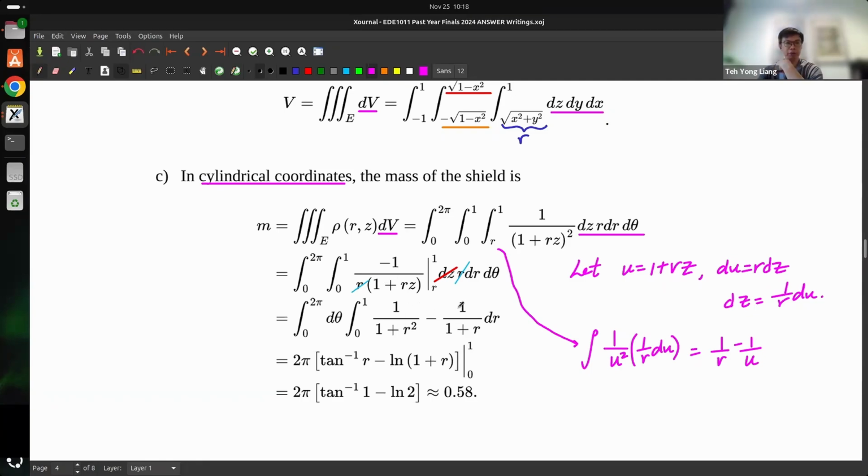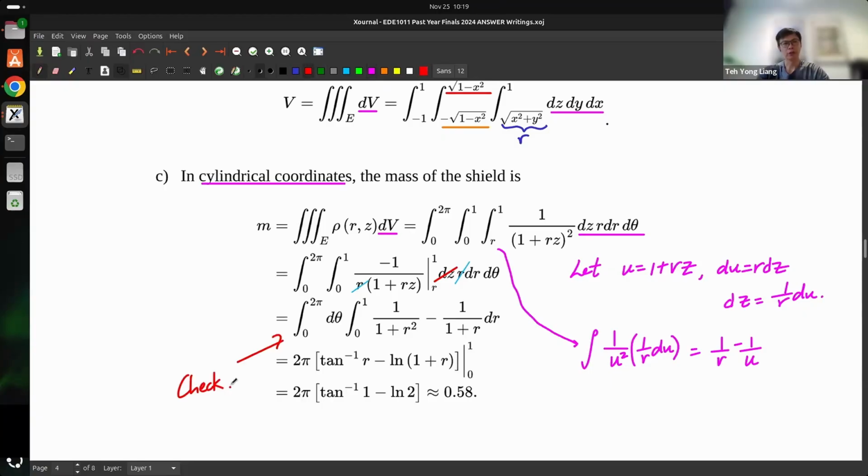Maybe I have made a mistake here, and it could be 1 over 1 plus r minus 1 over 1 plus r squared instead, because of this minus. I might need to swap the terms, but let me check first before I correct myself if required. It seems this minus 1 is not accounted for in this third row, so I'll check this part.